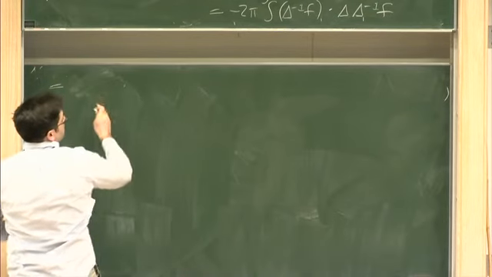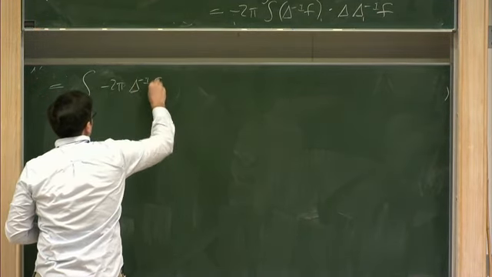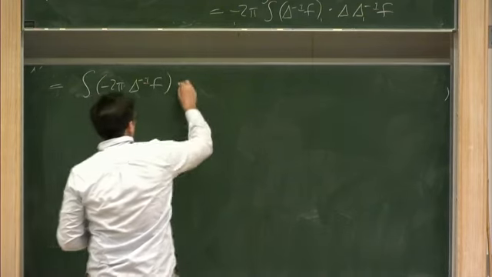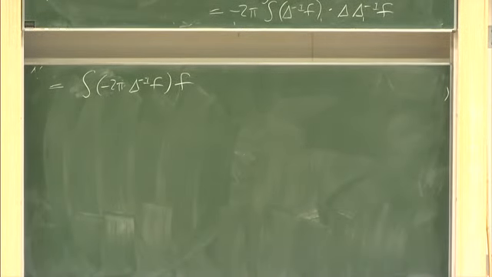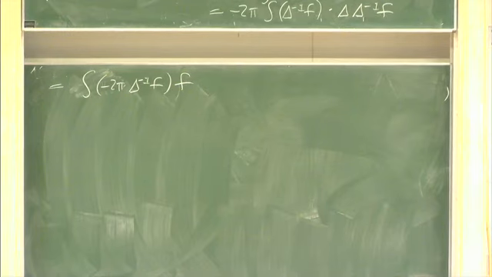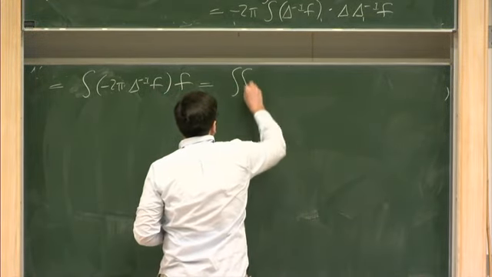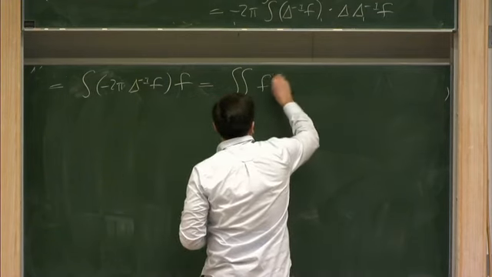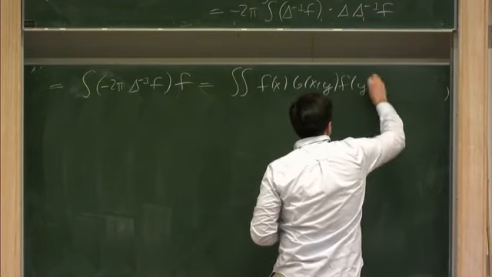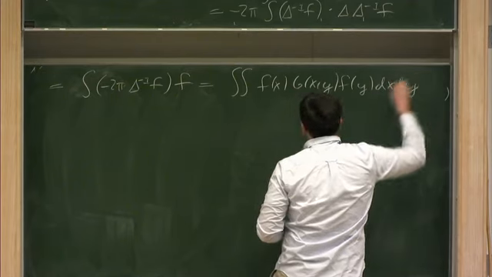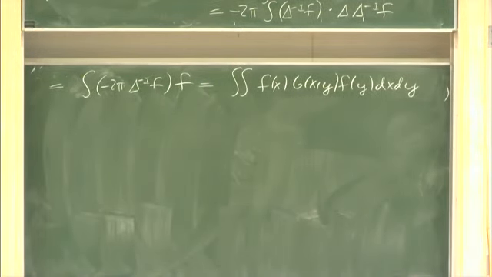Actually, let me write it a little more suggestively. This is the same thing as minus 2 pi times the inverse Laplacian of f times f. But from the definition of the Green's function, we know that we can represent the inverse Laplacian in terms of the Green's function. And so in the end this gives us the integral of f(x) G(x,y) f(y) dx dy. Okay. So that proves the first part of the proposition.